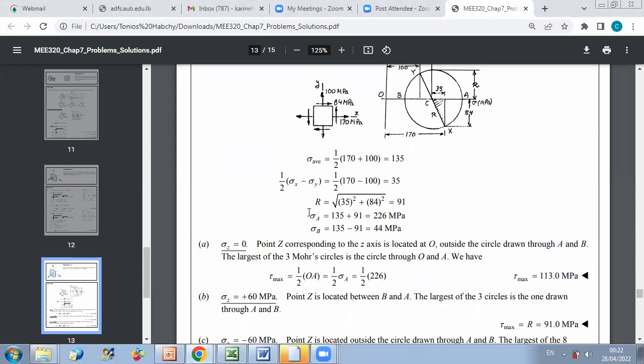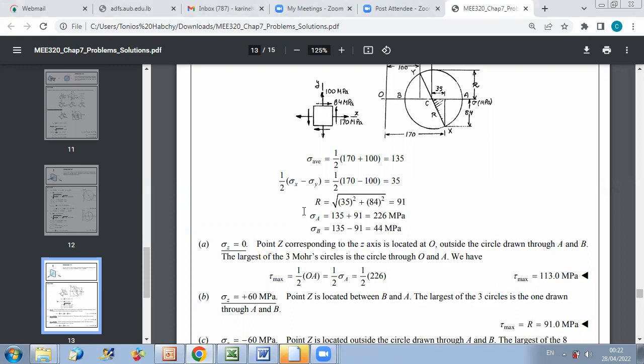Then the radius is the square root of ((sigma x minus sigma y) over 2) squared plus tau xy squared, which is 84. I get the radius. Then I say that sigma A corresponds to sigma average plus radius, and sigma B is sigma average minus radius.